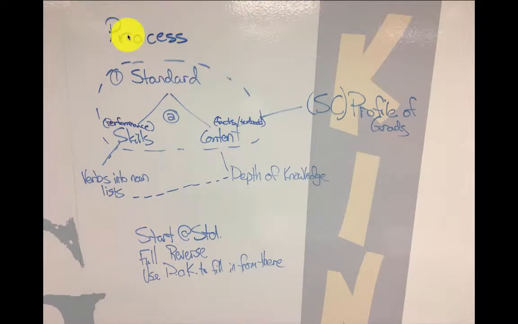Remember our process. We started by copying the standard into our rubric template. We broke apart the standard into any skills or content. And in deciding what went through our spectrum, we decided to turn some verbs into nouns so that it was easier to describe them.